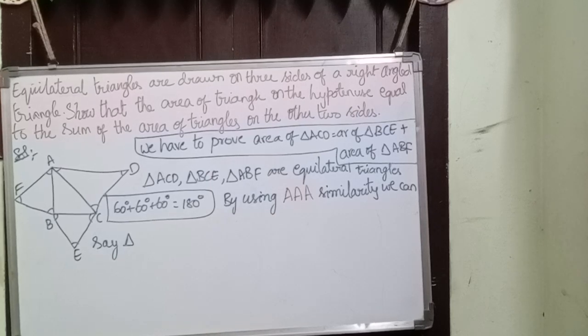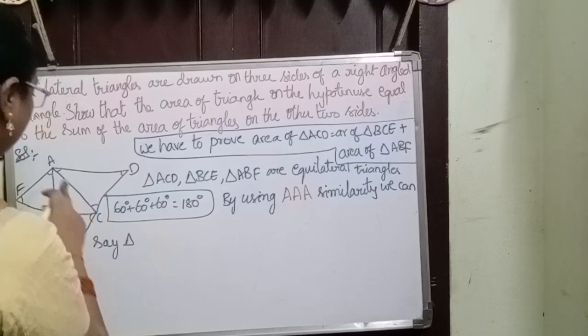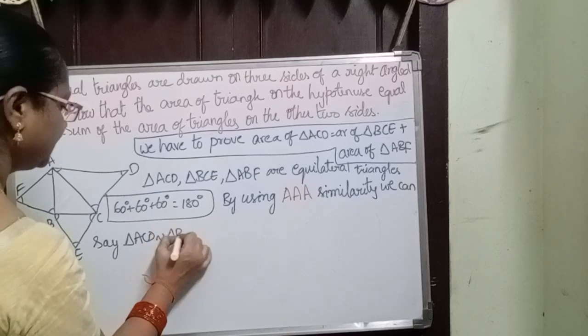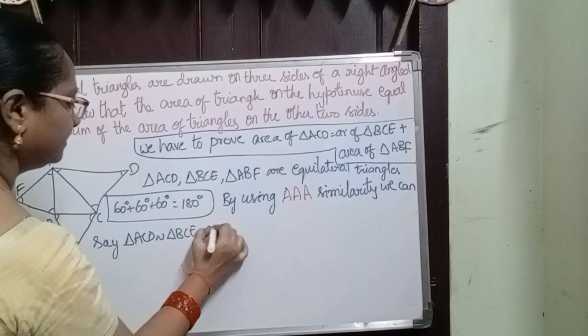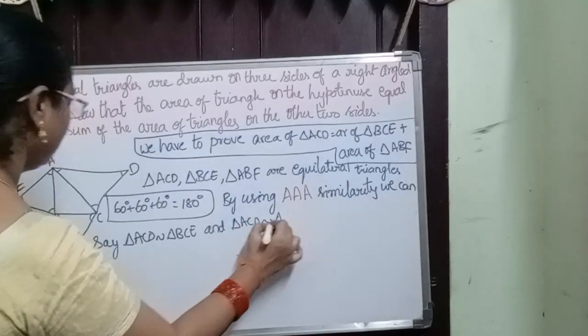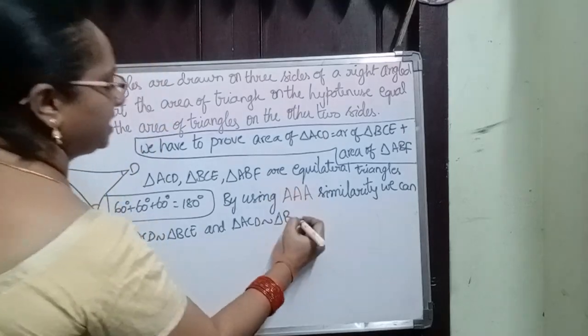By using AAA similarity, we can say that triangle ACD is similar to triangle BCE and triangle ACD is similar to triangle ABF.